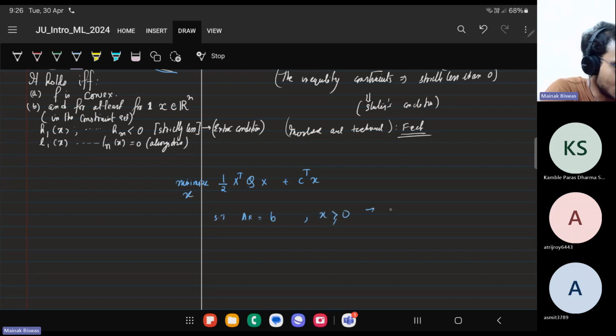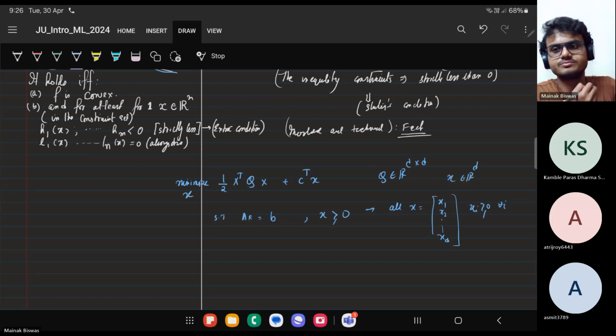X greater than 0 means all values; X is a vector, right? X1, X2, dot, dot, dot, XD. Xi is greater than 0 for all i, right? Q is in R D cross D and X is in R D.